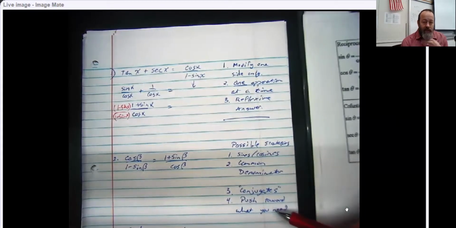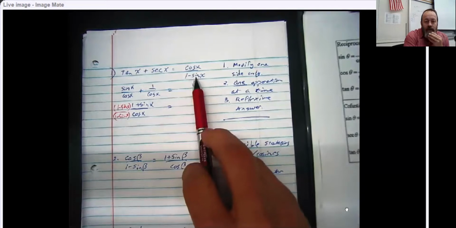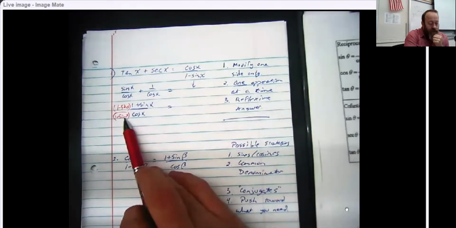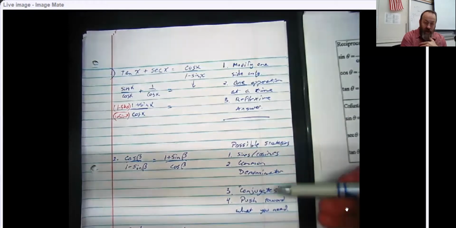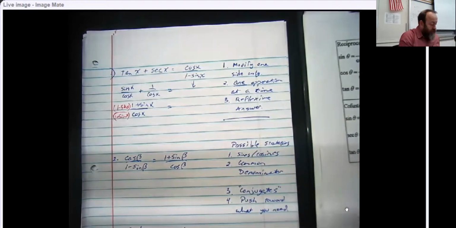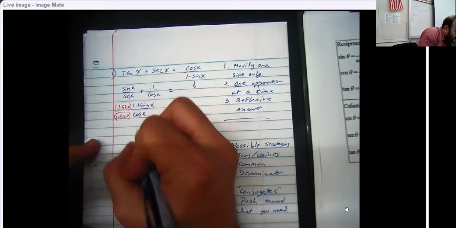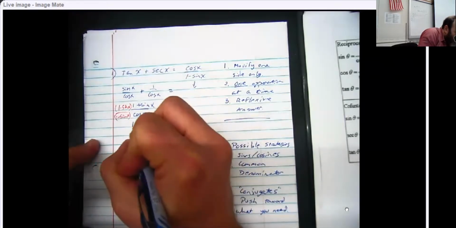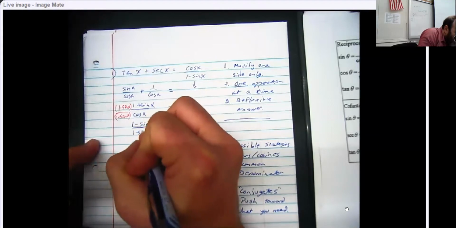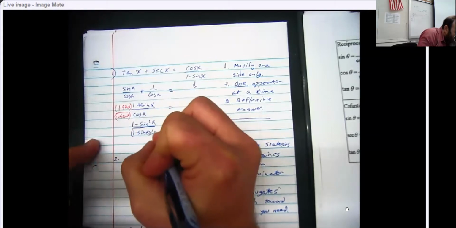But it lines up with number 4, where I said push towards what you need. And if you look over here, what I need is a 1 minus sine in the bottom. And you'll notice that I kind of made that happen. By using this conjugate, it pushed me towards that value. So if I were to distribute the top, I would get 1 minus sine squared all over 1 minus sine cosine.